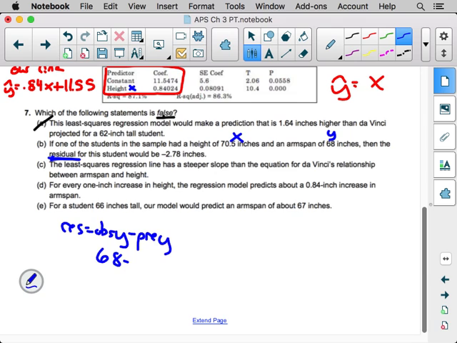How could I find their predicted y value? How do you find a prediction? Yeah, put their x, toss it into the equation, right? So I'm going to take 0.84 times 70.5 plus 11.55.